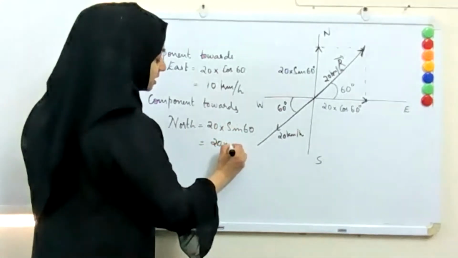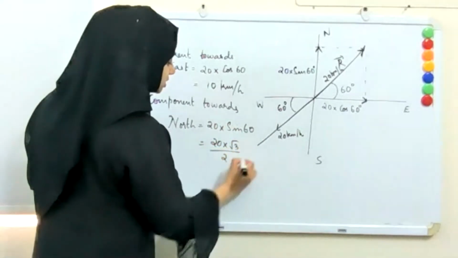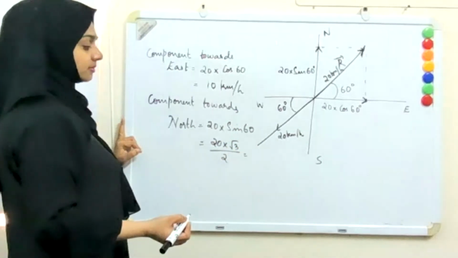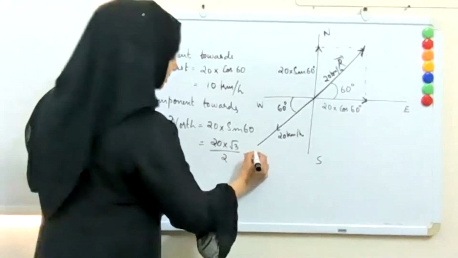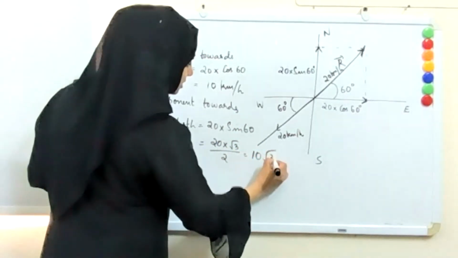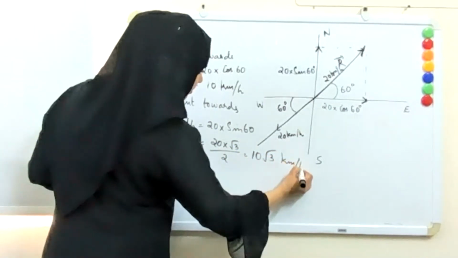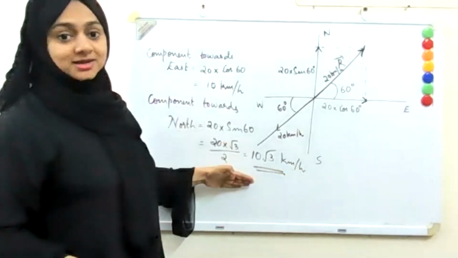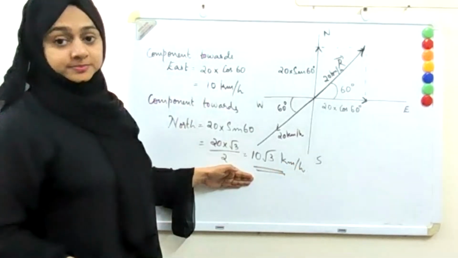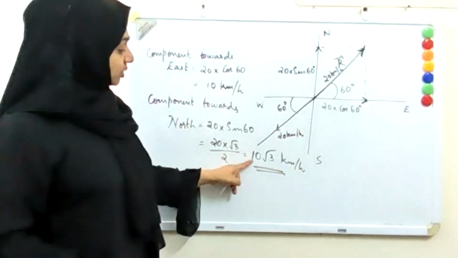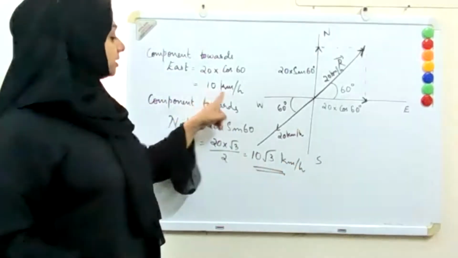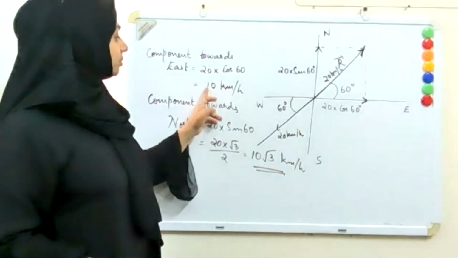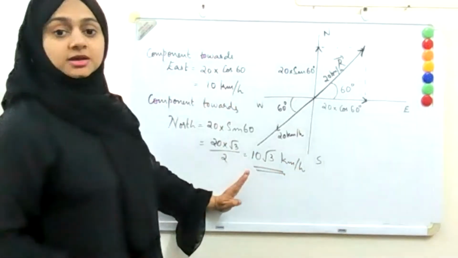So 20 times root 3 by 2. What is that? 10 root 3. 10 root 3 kilometer per hour. See, it's not 10 and 10. It's not exactly 10 and 10, right? So it's 10 root 3 and 10 kilometer per hour. Is that clear?